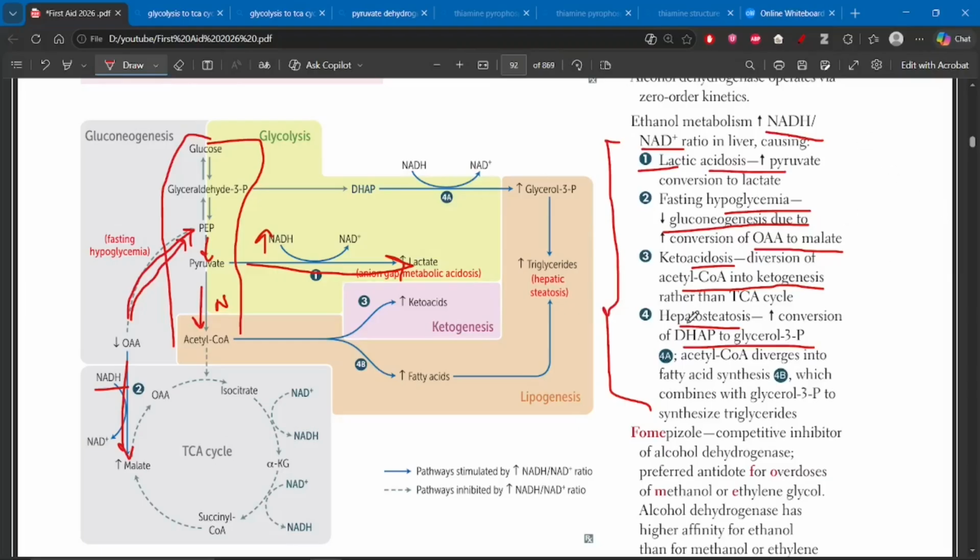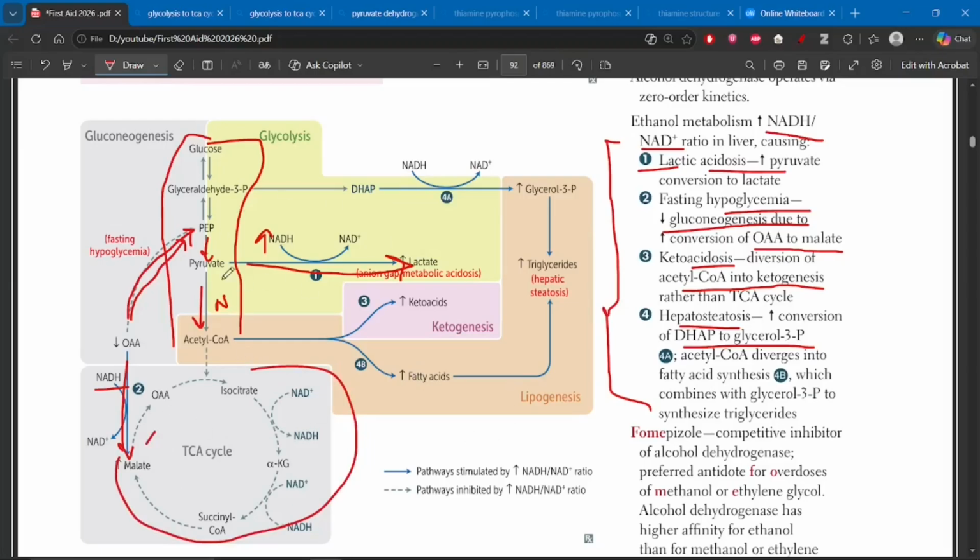Ketoacidosis: diversion of acetyl CoA to ketogenesis rather than the TCA cycle. Now, even if you say, okay, then what's the bad thing if it gets formed into malate? Well, the bad thing is that the TCA cycle is not going to take place. Right? The cycle starts from this, and the cycle does not start from this place.